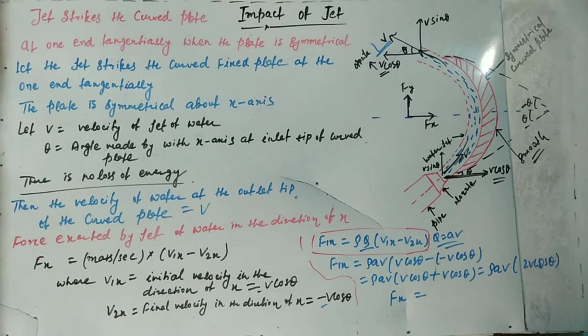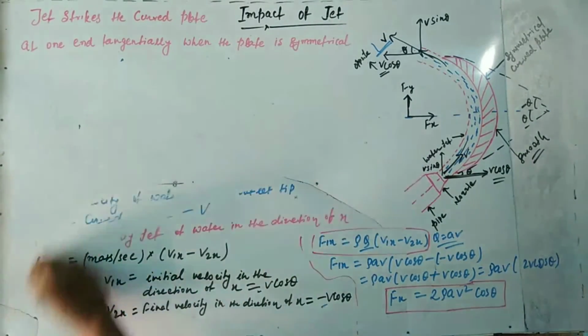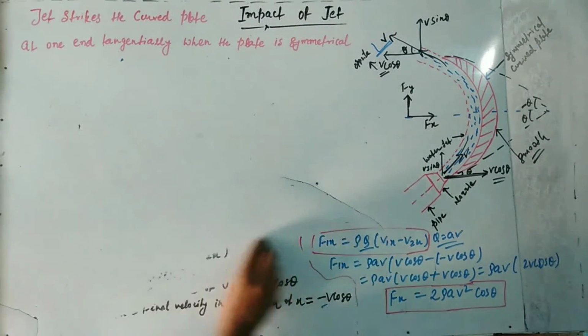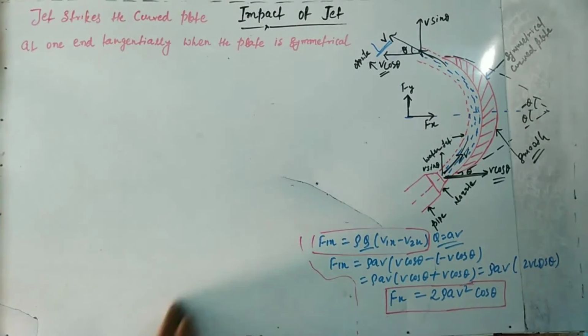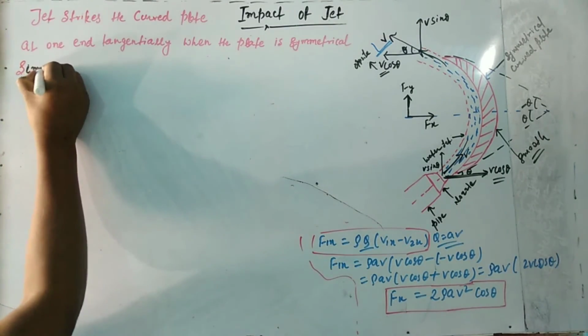Therefore Fx equals to 2 rho a v square into cos theta. So finally the Fx equals to 2 rho a v square cos theta, where a equals to area and v equals to velocity and rho equals to density of fluid. So force exerted in the direction of x, that is Fx equals to 2 rho a v square cos theta.